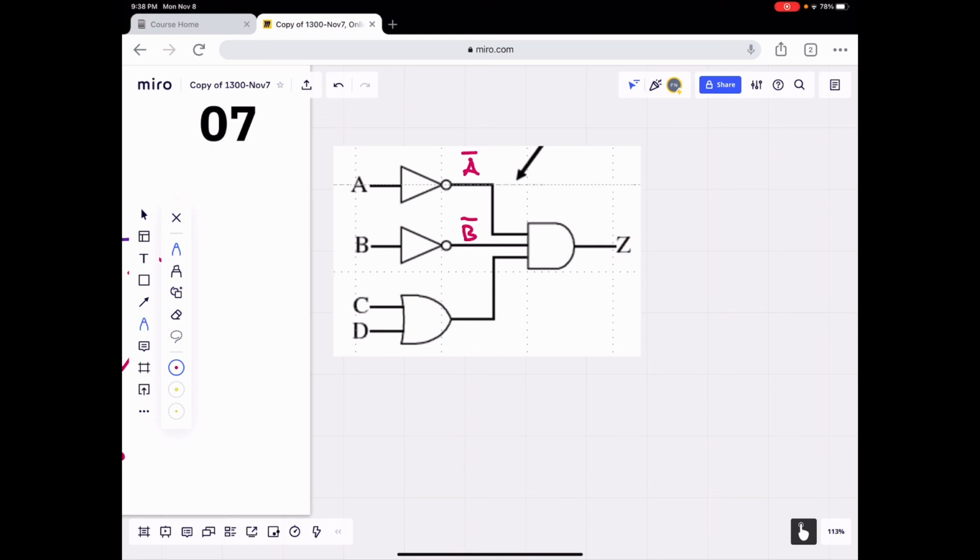This is an OR gate, so I put out C plus D, adding together C plus D. And this is an AND gate, so you multiply together not A and not B, and then you multiply the whole thing with C plus D. So this one equals Z.